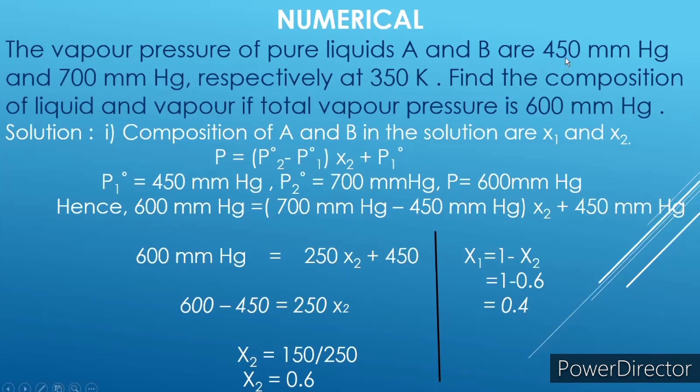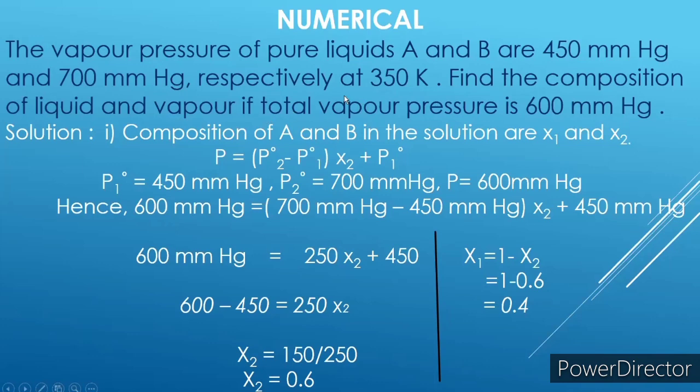The vapor pressures of the pure components A and B, and you have been asked to find the composition of liquid and vapor. The liquid composition can be found by Raoult's law, and the composition of the vapor can be found by Dalton's law.